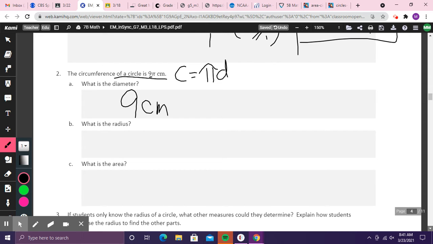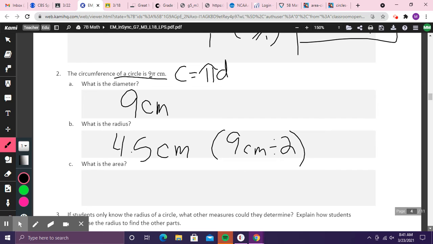What is my radius going to be? 2 times that or half of that? Half, which is 4.5 centimeters. And I'll put in parentheses 9 centimeters divided by 2.